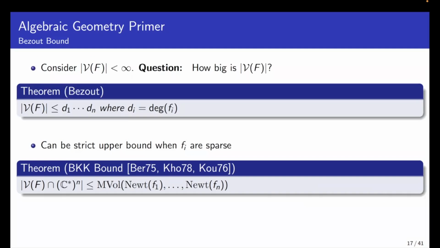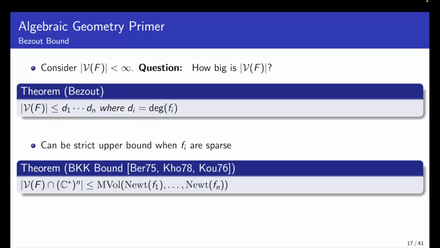So I've got n polynomials in n variables, and now I've got a way to associate n convex polytopes to them. Then the mixed volume is a function that inputs n polytopes and outputs a non-negative integer. There are a couple of ways to define it, but that's not the point here, which is not to get too far into the weeds.